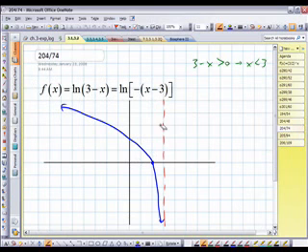And so our asymptote has moved 3 to the right. Our intercept, which would have been here, has been flipped across over to here, and we're going the opposite direction. And this is just how to find the domain. You set the argument to be greater than 0, 3 minus x is greater than 0, so therefore x is less than 3, and we see that here on our graph.